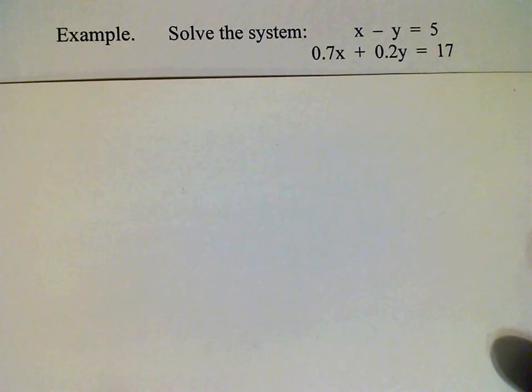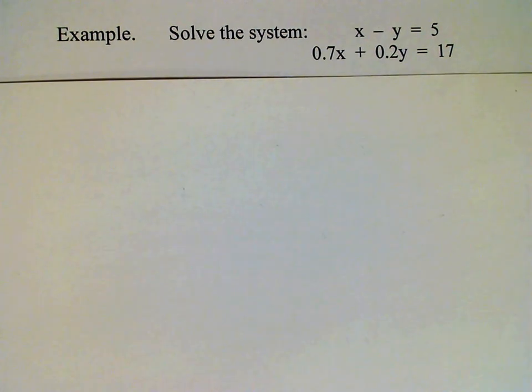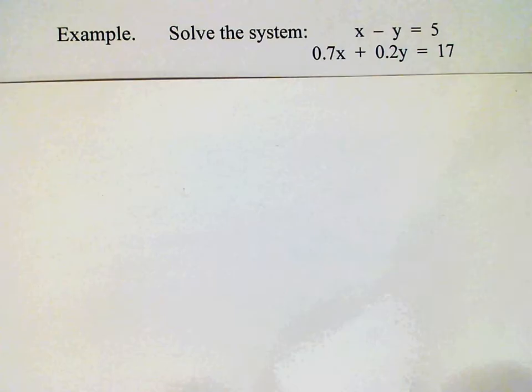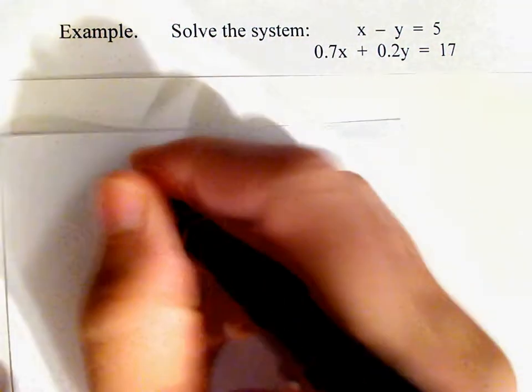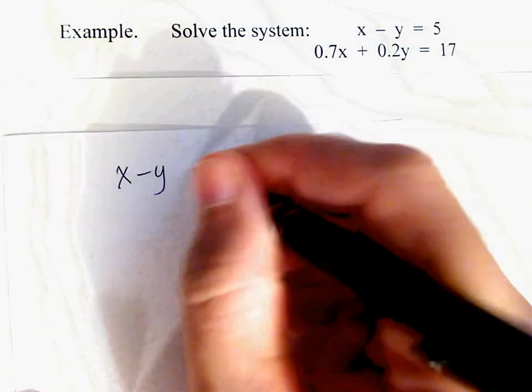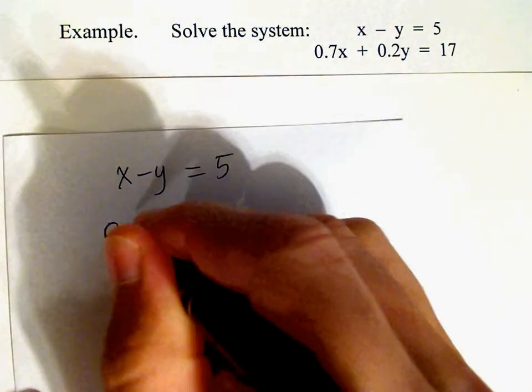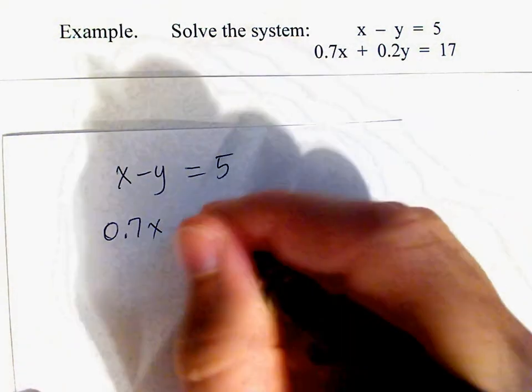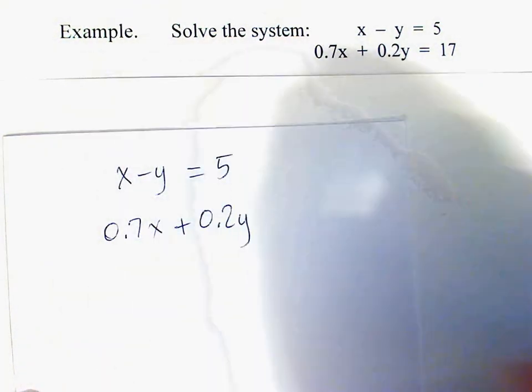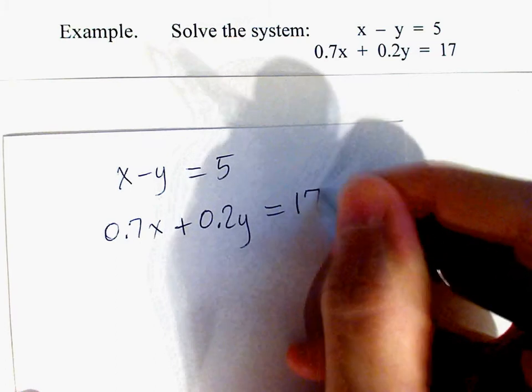Let's do one more example using the substitution method. Okay, now here we have x minus y equals 5, and 0.7x plus 0.2y is equal to 17.